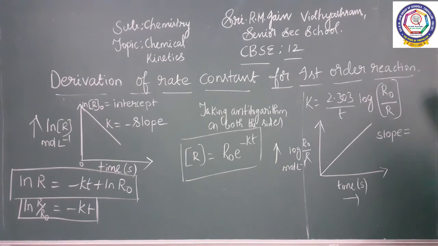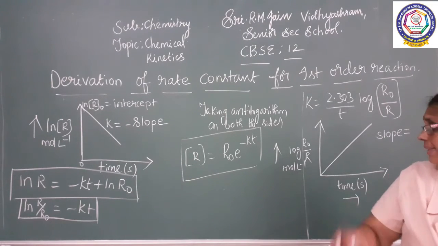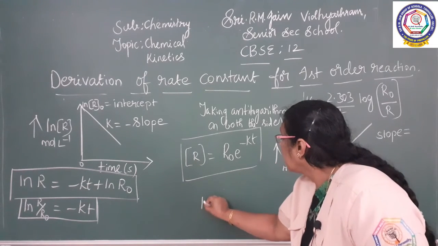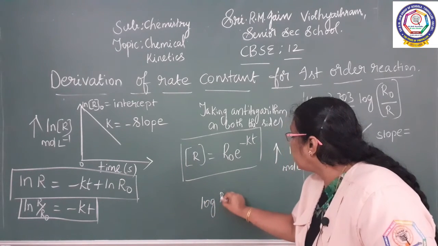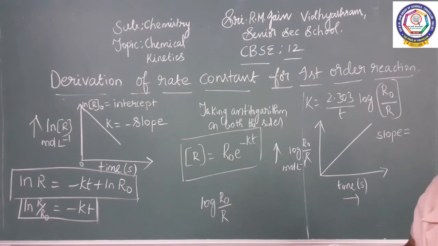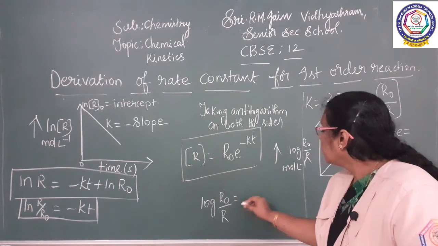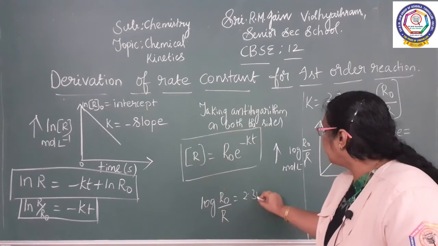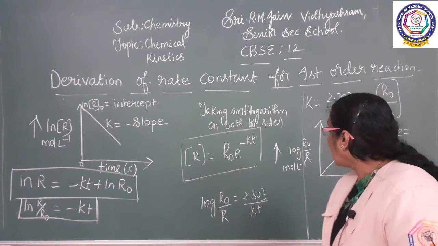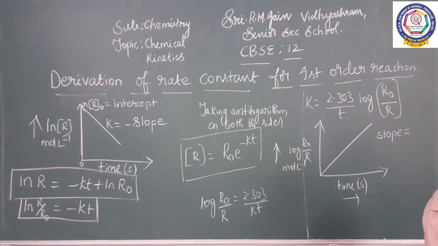For example, you rewrite now log r naught. Okay, let us continue, children. I am going to rearrange the equation. Log r naught by r is equal to 2.303 divided by kt.